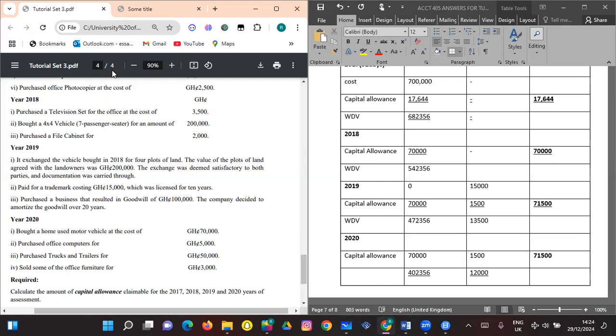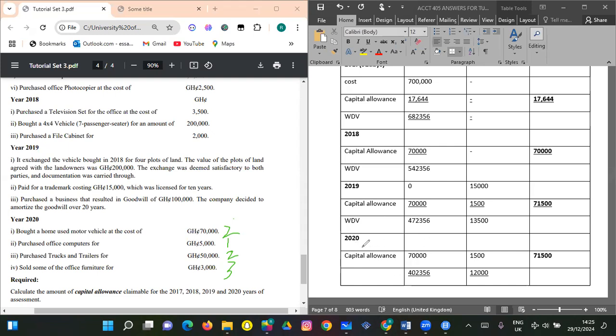So let's indicate this. So home use motor will be in pool two, purchase office computers will be in pool one, truck and trailers pool two, and then office equipment is in pool three. So meaning that in 2020 we didn't do anything of pool four and pool five.